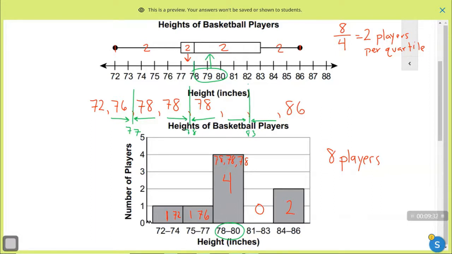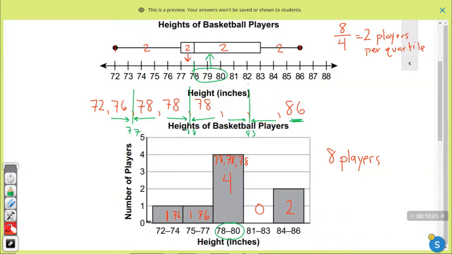But if it's between 78 and 80 and I make it 78, then my upper quartile of 83, when I have a maximum of 86, is not possible. In order for the upper quartile to be 83, if I had a value of 78 there, I would need my very next value to be 88, which doesn't work in this case. So I know that it's not possible to have it be 78.